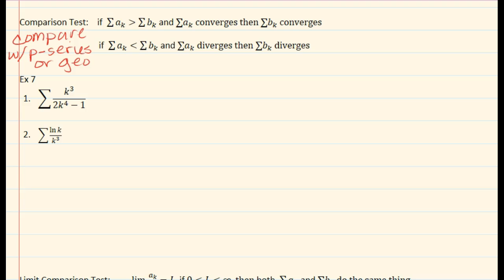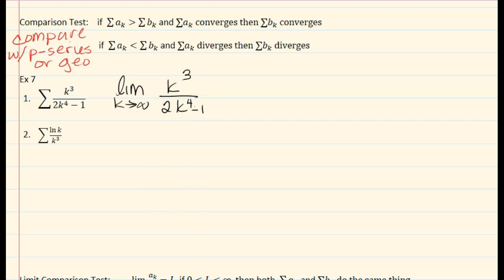So let's take a look at example number 7, part 1. We have the infinite sum of k cubed over 2k to the 4th minus 1. Let's go ahead and use the divergence test, and take the limit as k goes to infinity of k cubed over 2k to the 4th minus 1.